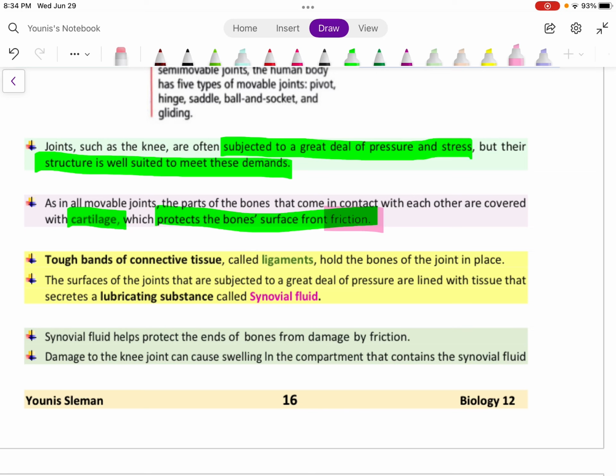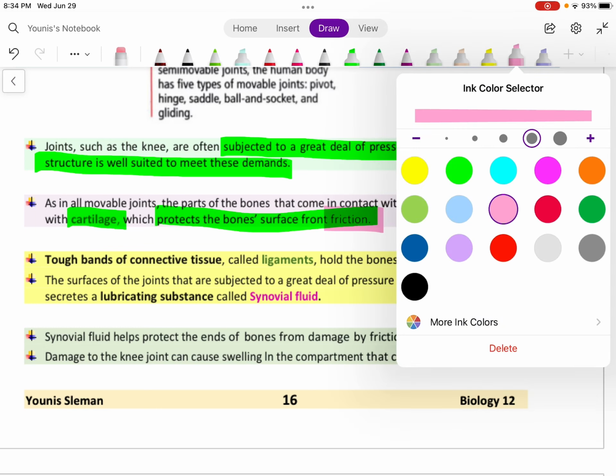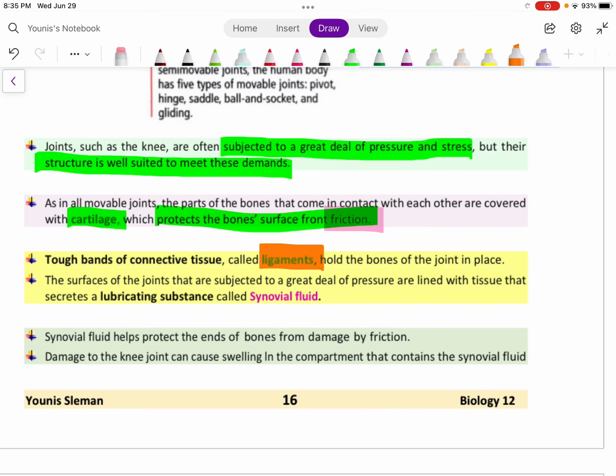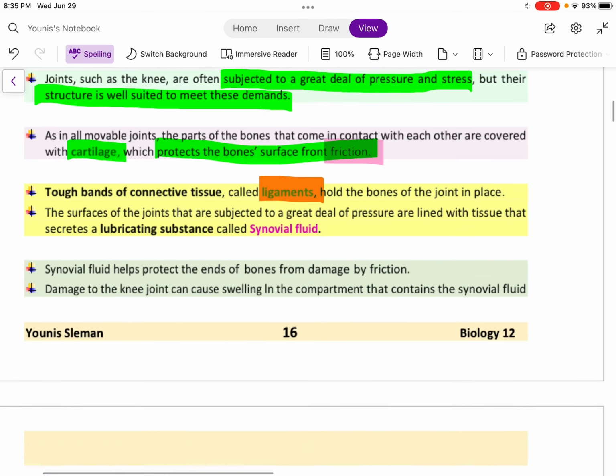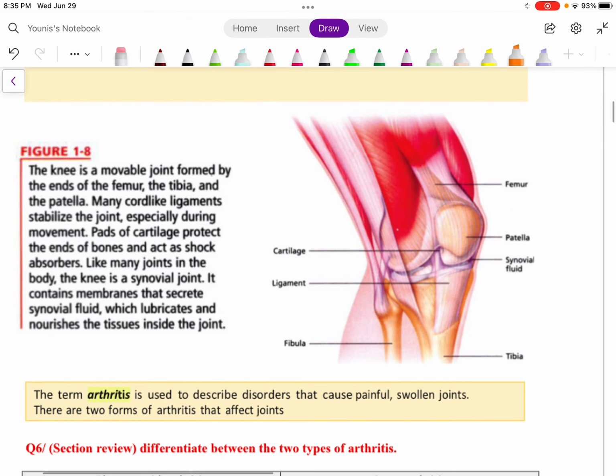What other structures can be found in a joint? Also ligaments. Ligaments, students, are also a type of connective tissue. I'm going to point to them. Where are ligaments and what do they look like?